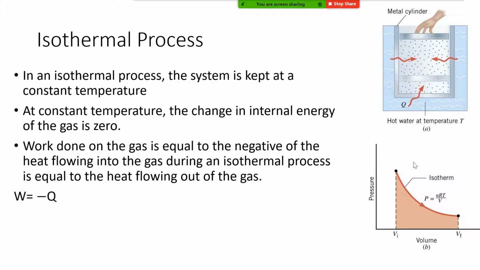Let me say that again. At constant temperature, the change in internal energy is going to be equal to zero. Constant temperature, the change in internal energy is zero.